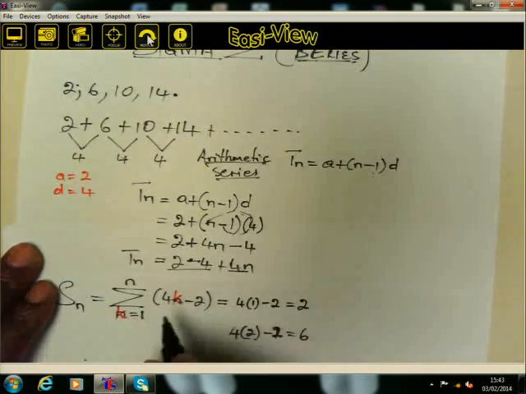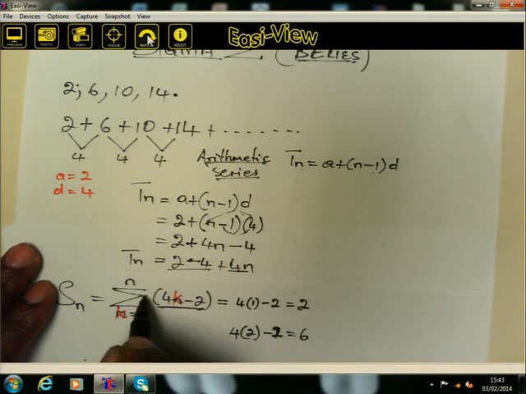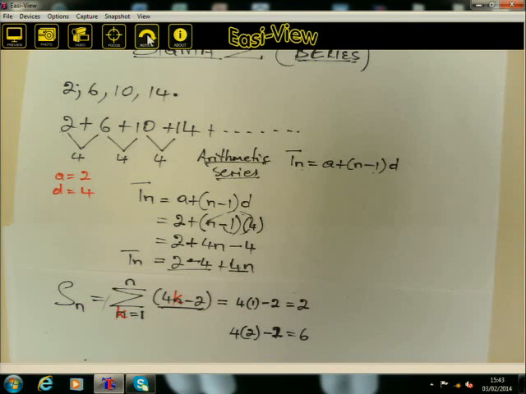It means now this is the general term on which we can put a sigma to get that. So it means now it becomes easier. S100, the sum to 100 terms, will be the sigma notation, k starts from 1 up to 100, of 4k minus 2.